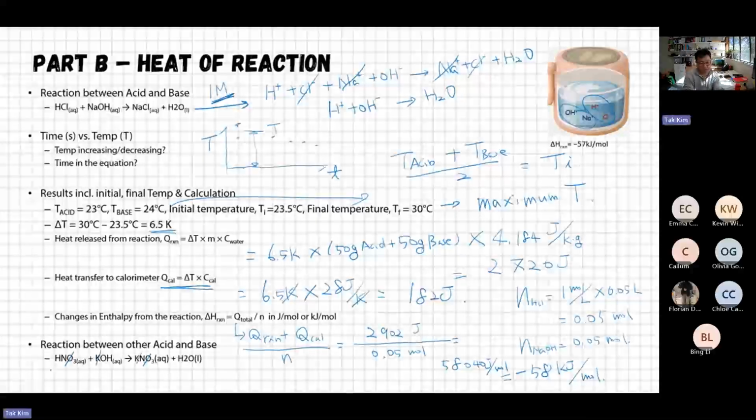So in the end, your net ionic equation will be H plus and OH minus making water. Assuming all the setups are identical, and the molarity and amount used are identical, you should have a very similar value when you use different types of acids or bases.